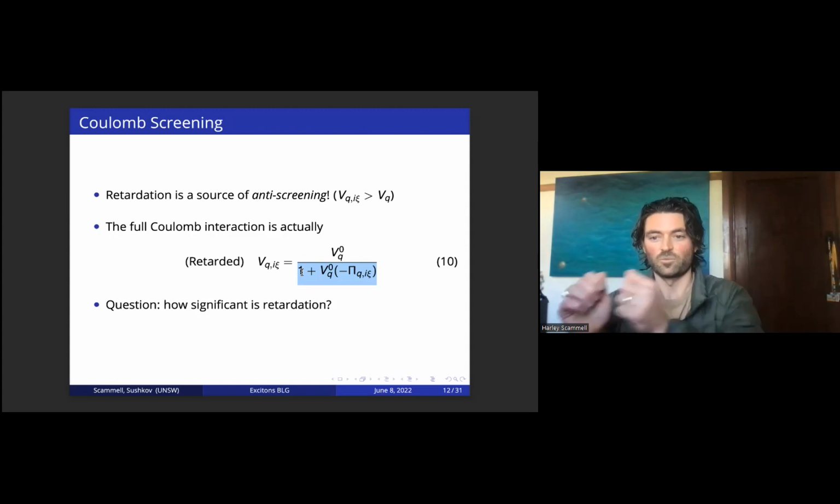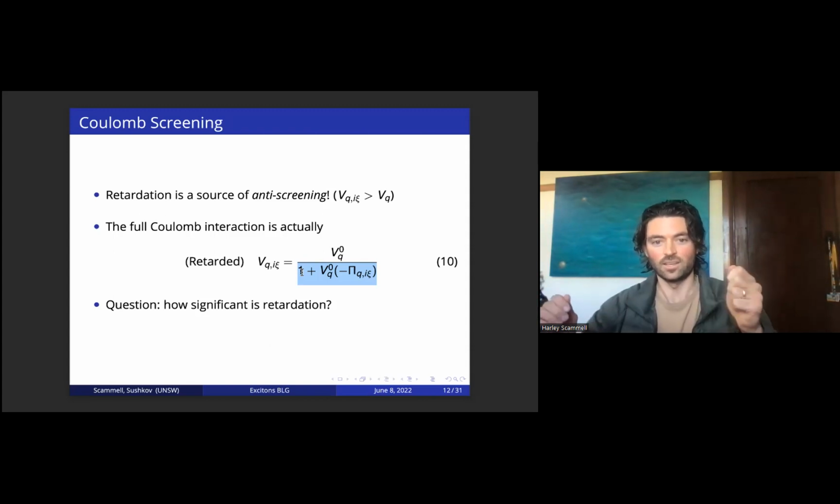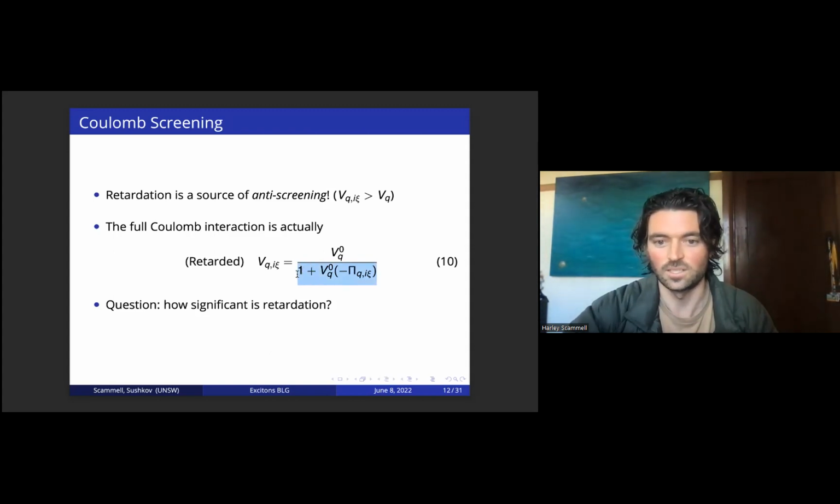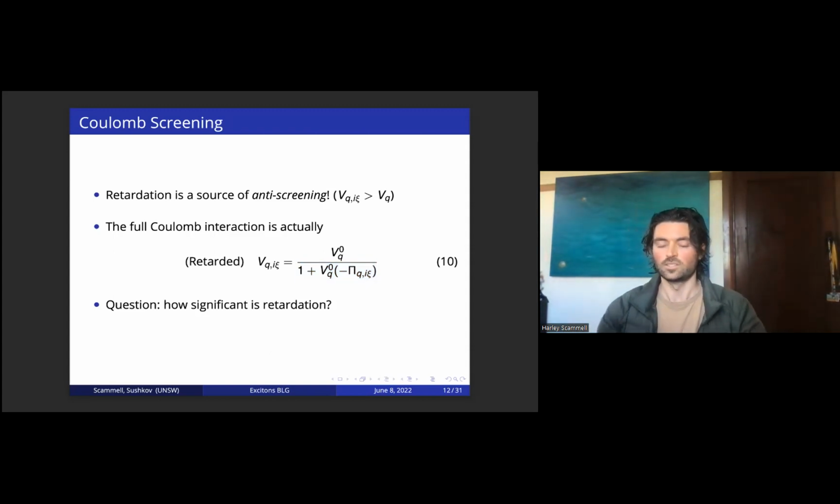Here, we're on the other side: we have an attractive interaction to start with, and then you have these bosons approaching the pole in equation 10, basically the 0 of equation 10. So that's why I said there is some physical meaning to anti-screening, but it basically becomes an effective boson exchange theory.